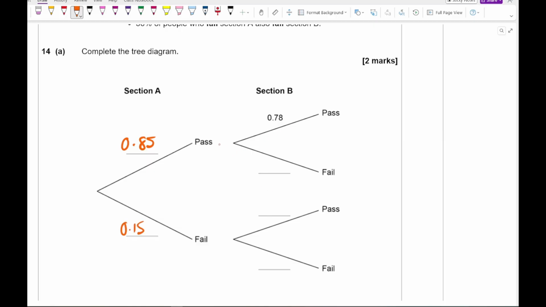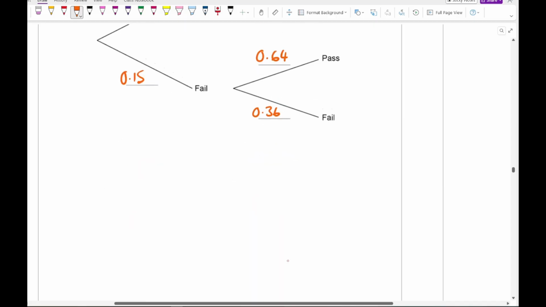A pass from section A and a pass on B is 0.78, so that means that this probability here is going to be 0.22. And from what's written in the question, the probability of passing the second test if you've failed section A is going to be 0.64, giving us a fail of section B as 0.36. So there is my completed tree diagram.